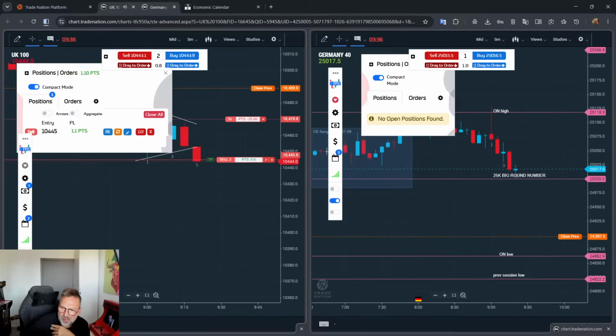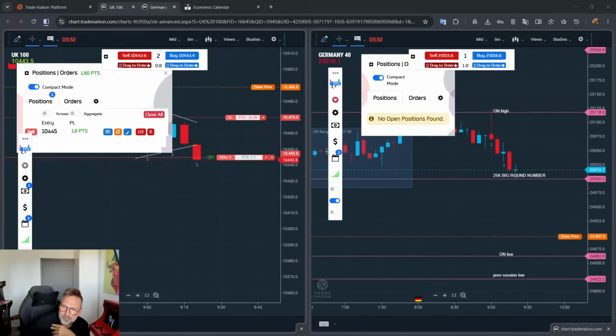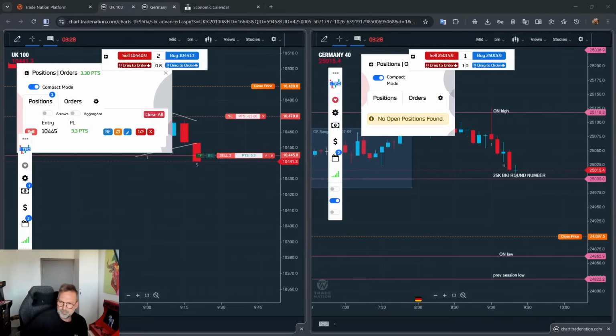Order filled. Yeah, short the FTSE. Okay. Short FTSE. I use a 25-point stop loss initially, but still.